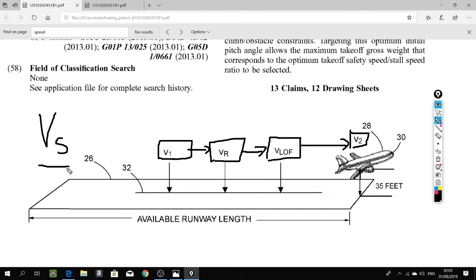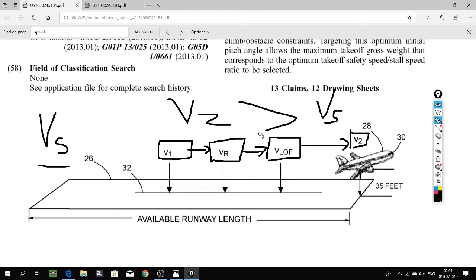How much the normal operating speed or the cruise speed of an airplane should differ from the stall speed is another topic of discussion, and why some airplanes have different stall speeds is a totally different topic. But you have to keep in mind that V2 should always be greater than V stall, right? This is for the proper operation of an aircraft.